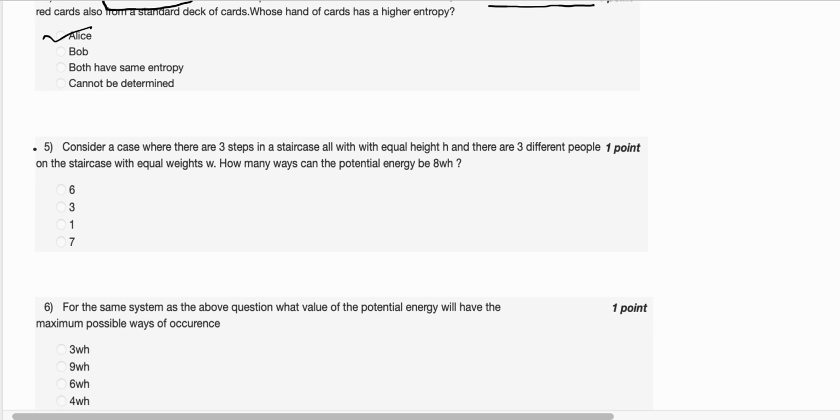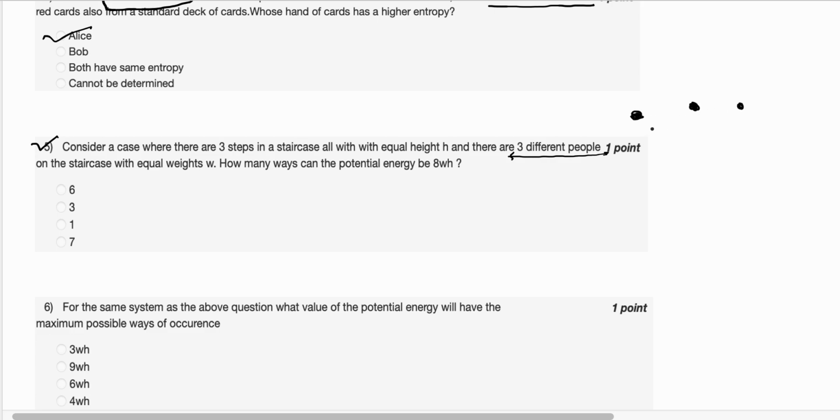Now the fifth question: consider a case where there are 3 steps in a staircase, all of equal height, and there are 3 different people. Notice that these people are different, which means they are distinguishable. We can give indexes to the people which uniquely tell which individual it is.